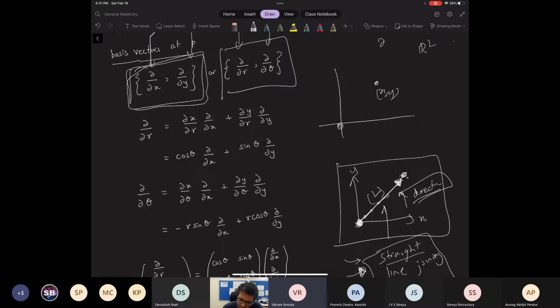Let's imagine a vector here, pointing in some direction. Now I have a notion of a partial x direction, which is what I would think of as my x hat direction.